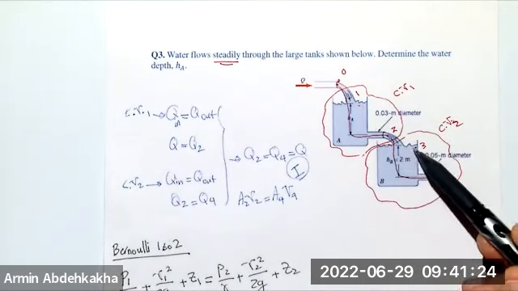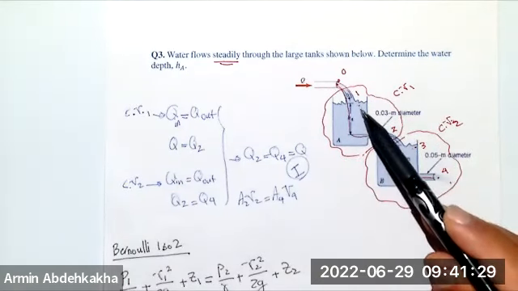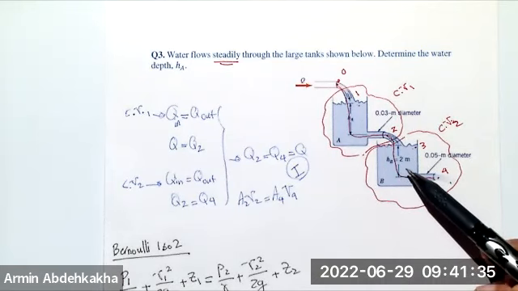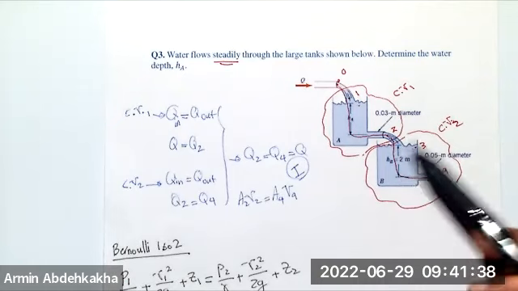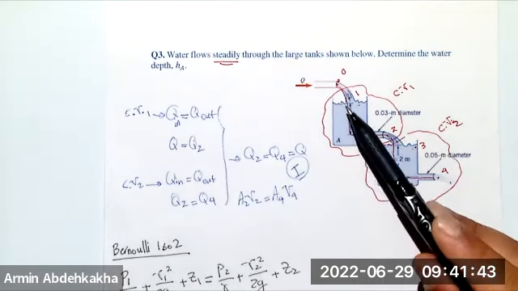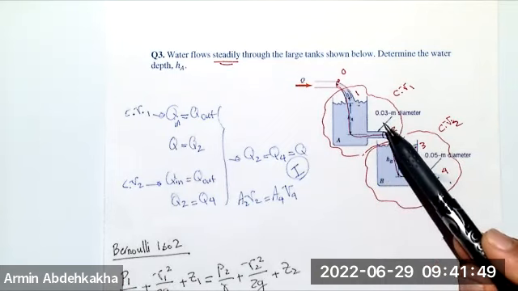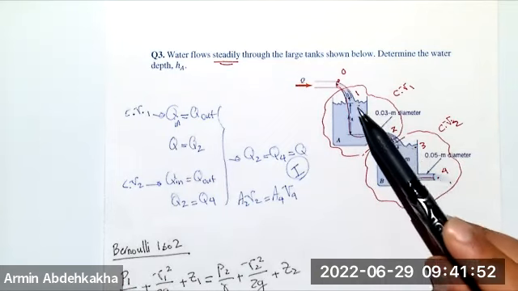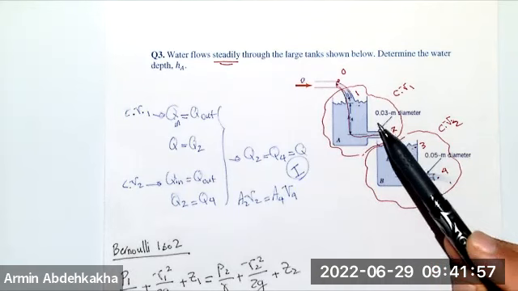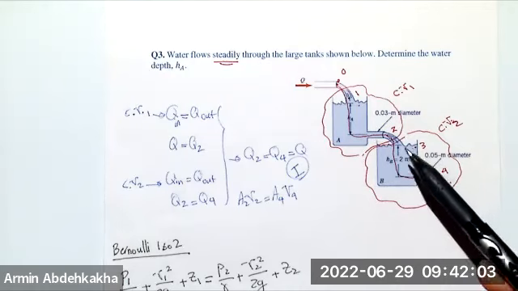The difference is this V. Velocity at point 1 and point 3 are 0, right? Because the fluid is at rest, but at 2 and 4 you have velocity. These are on the same streamline, but here it is at rest, and here it has a velocity. So applying it between these 2 points is going to give you a different equation than applying between 3 and 4. But if you apply from 1 to point 2 and 1 to point 4, then since the Q are the same, the velocity is going to be related.